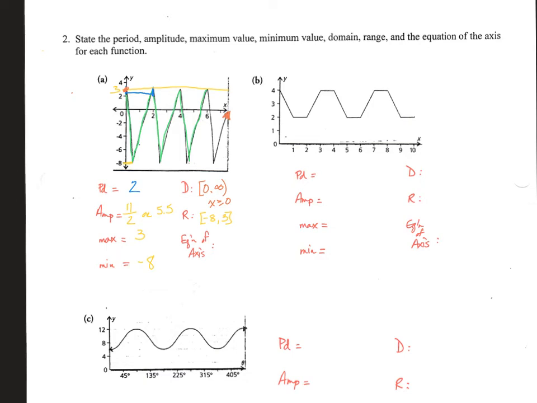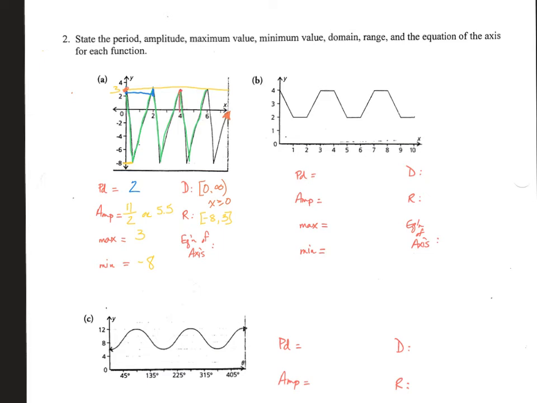Okay, the equation of the axis. The equation of the axis now is asking me to find what is the horizontal line that runs directly down the middle of that graph. For me to find that, I use my amplitude. I know that my amplitude is half my height.